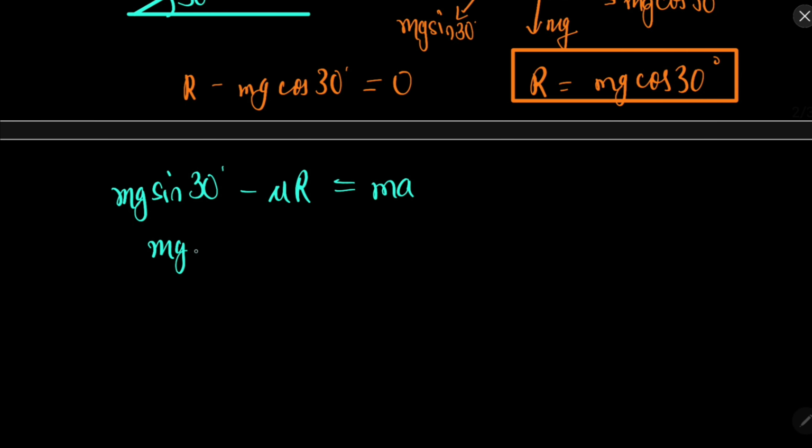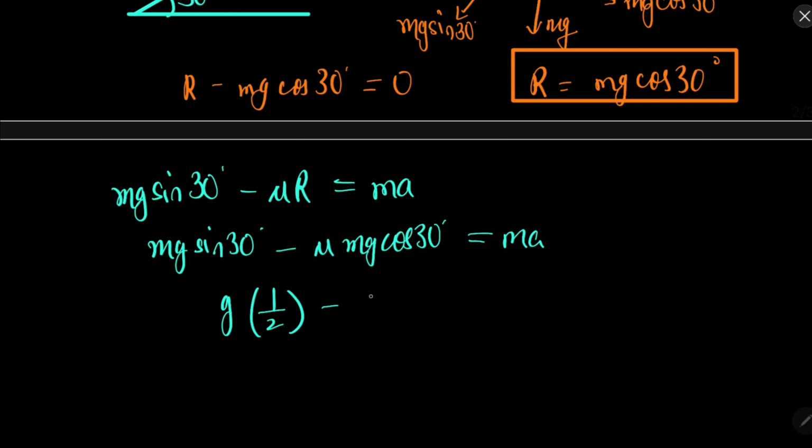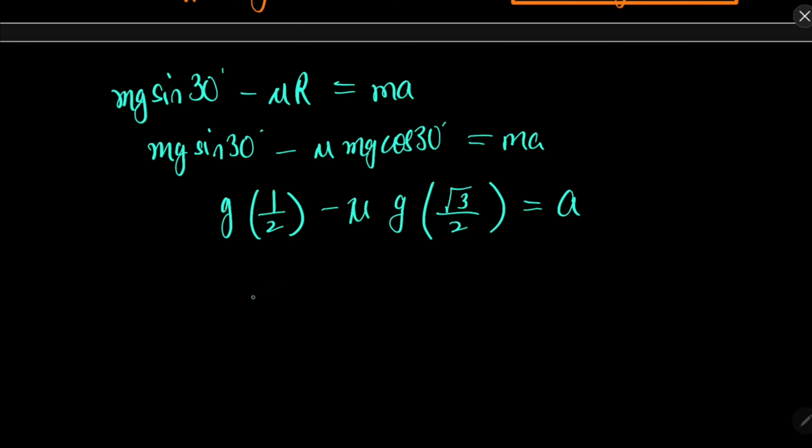So mg sin 30 degree minus mu, and R is mg cos 30 degree, equals ma. So m and m will get cancelled from both sides. We will have g sin 30, which is 1 by 2, minus mu g cos 30, which is root 3 by 2, equals a.